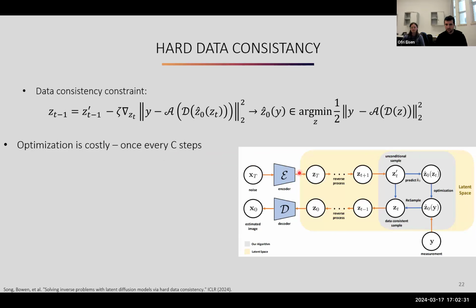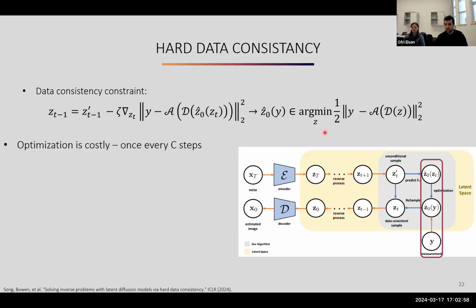So the algorithm itself starts just like in the PSLD. You start from Z capital T, and you start the reverse process towards Z0. And when you get to, let's say, time step T, you stop. And then you say, okay, now it's time step T, I want to do some data consistency constraint.